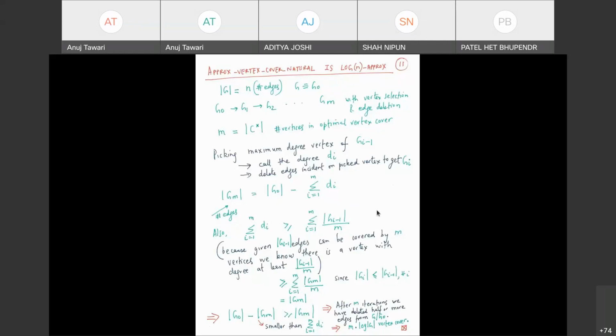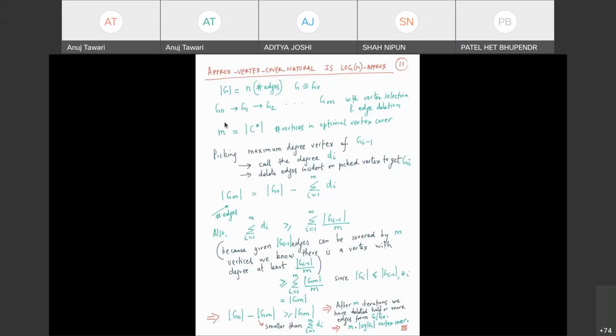Now what can you say about this term? Summation i equal to 1 to m of G_{i-1} divided by m. This again can be lower bounded by summation i equal to 1 to m of G_m by m, right?